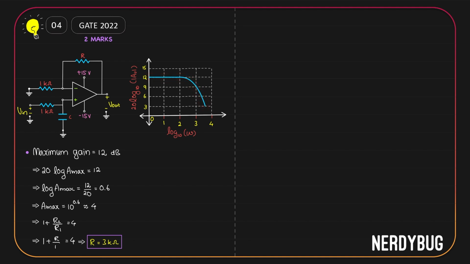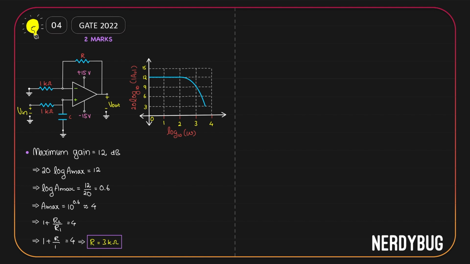Why is that? It is because we have an RC circuit at the input. The RC circuit will provide a cutoff frequency, after which the gain will decrease. Now, what is cutoff frequency? Cutoff frequency, or the 3 dB frequency, is the frequency at which the gain in decibels becomes 3 decibels less than the maximum value.